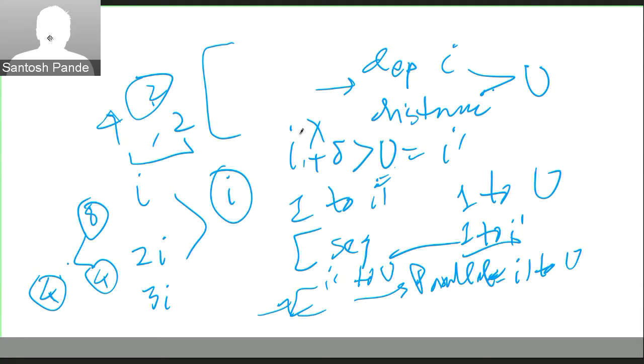From that I1, where it exceeds U, this is our I dash here. Until then we can have a sequential loop, and wherever this is true up to U, we'll have a parallel loop. So that's a very interesting and useful transformation. Any questions before we move on?